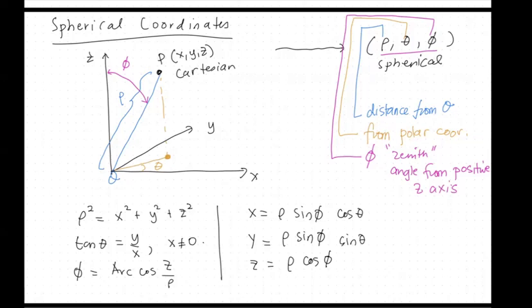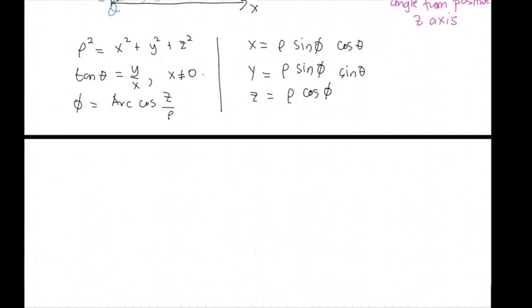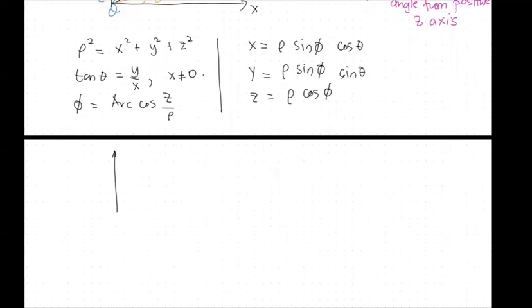Let me show you how we arrive at these identities. In spherical coordinates, this is your z-axis, and here is our r in the polar.